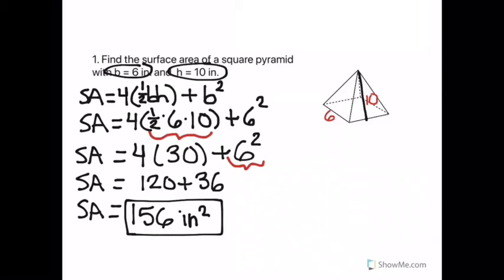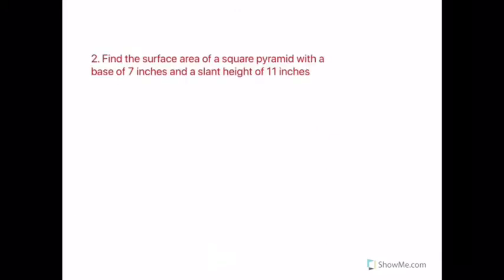Let's practice it. Let's do another practice problem, number 2. Find the surface area of a square pyramid with a base of 7 inches and a slant height of 11 inches. Again, first step should always be writing down the formula that we need to use. SA equals 4 times parentheses 1/2 times base times slant height plus the base squared.